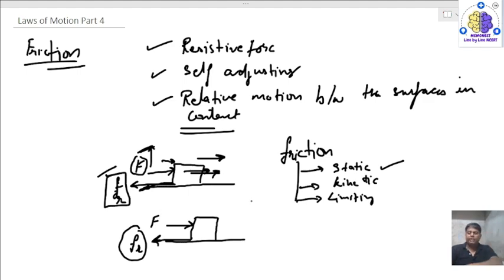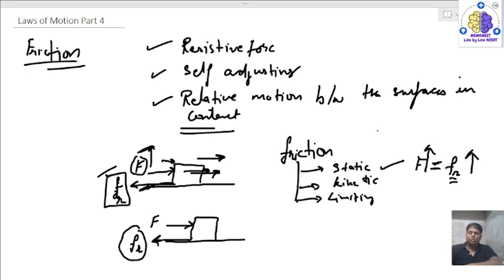Because the block is not moving, the externally applied force is equal to the frictional force. Now, if I keep on increasing F, this frictional force will self-adjust itself and become equal to the externally applied force. That is why we call frictional force a self-adjusting force.